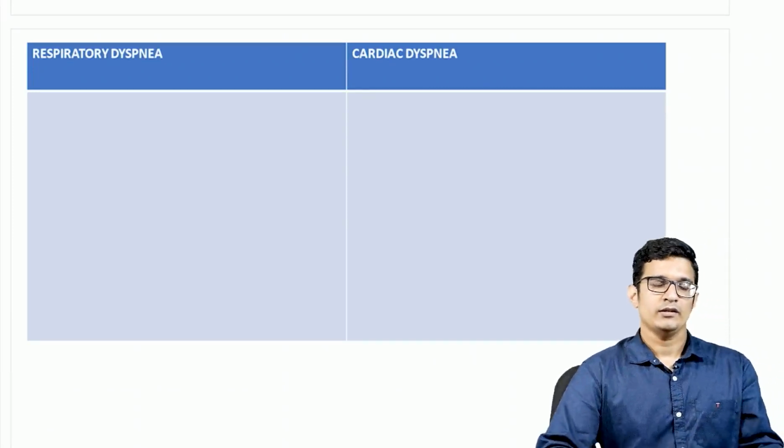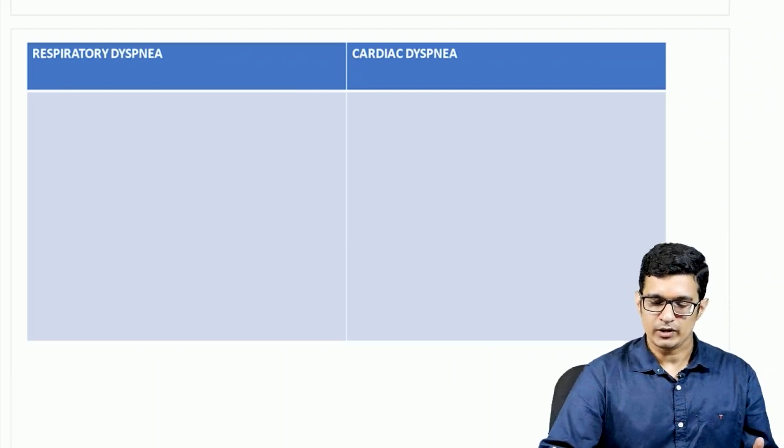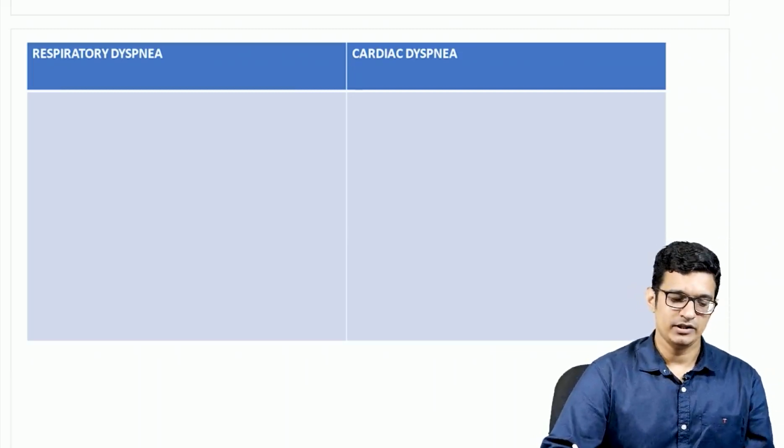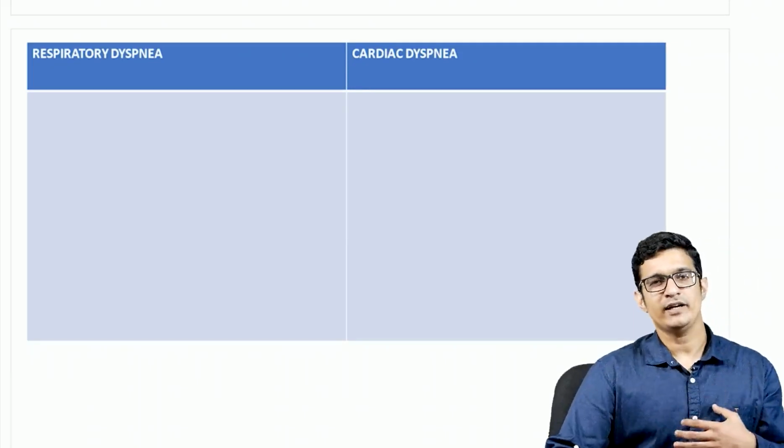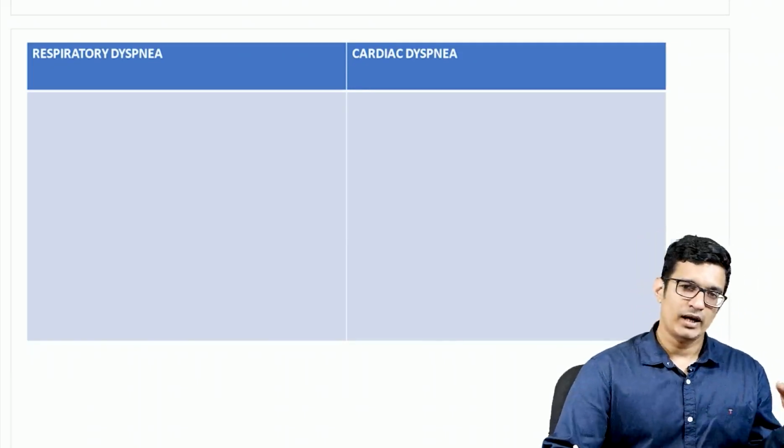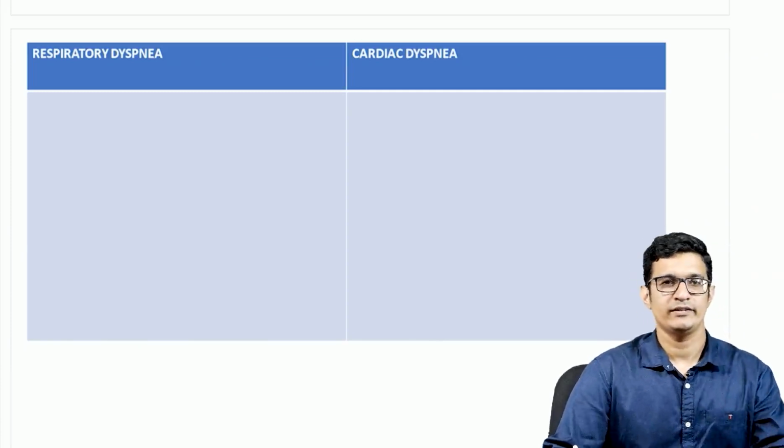But there are a lot of differences which we can make out while taking history from a patient with cardiac dyspnea and respiratory dyspnea. Now, respiratory dyspnea is most commonly due to either an airway disease or a parenchymal disease.